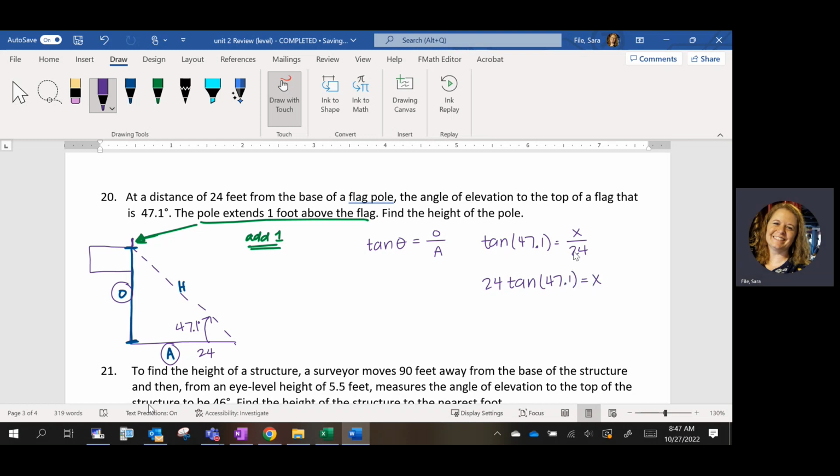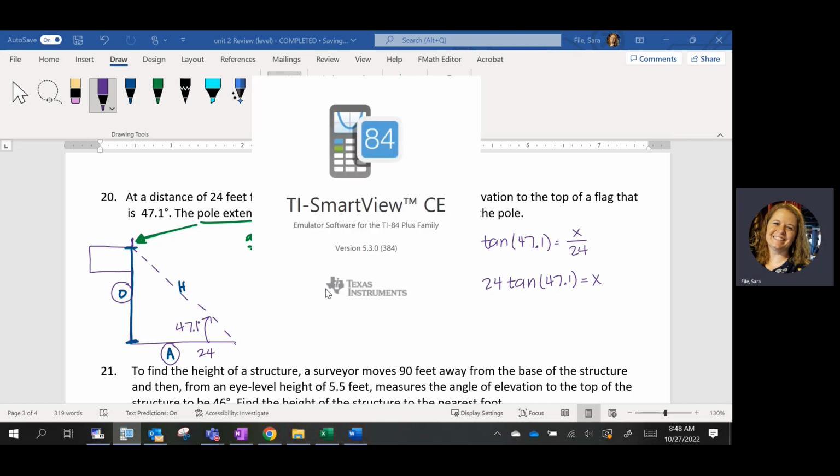Remember, if the denominator was missing, you would divide. And if this had been flipped around, it would be 24 divided by the tangent. Okay, but it's the numerator that's missing. We make sure our calculator is in degree mode, and we do 24 times tangent of 47.1. Calculator's opening.